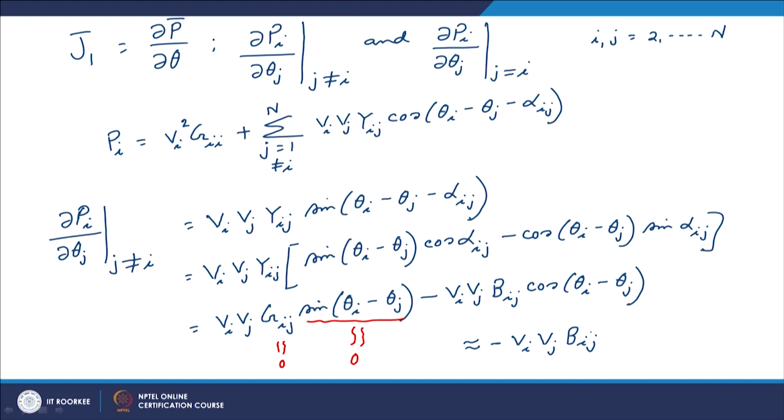First of all, this is neglected, so this is gone. What is remaining is minus Vi Vj Bij cosine(theta i minus theta j), and because theta i minus theta j is almost equal to 0, cosine of theta i minus theta j is almost equal to 1. So, ultimately we have got del Pi by del theta j equal to minus Vi Vj into Bij.